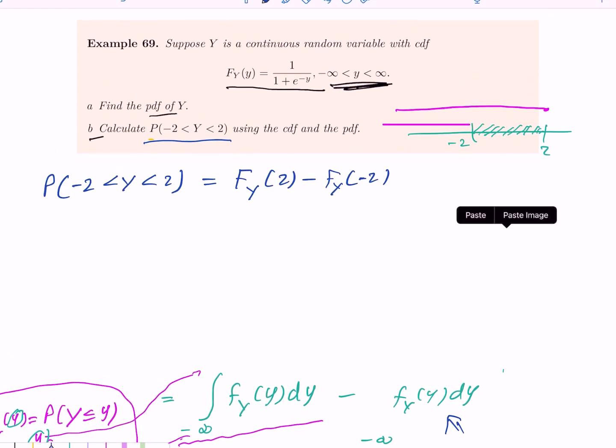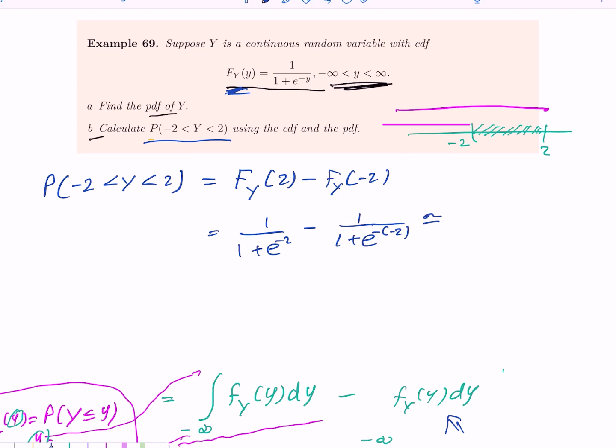So you see now, here this is F_Y(y). So for F_Y(2) you plug 2 in for y: 1 over 1 plus e^(-2), minus 1 over 1 plus e^(2). You see that? So it becomes positive anyway, right? So you can simplify.